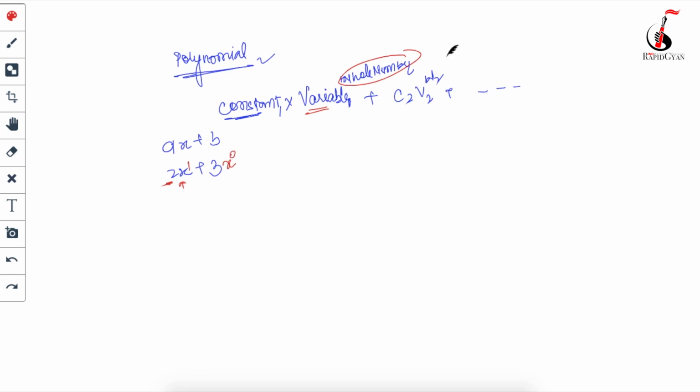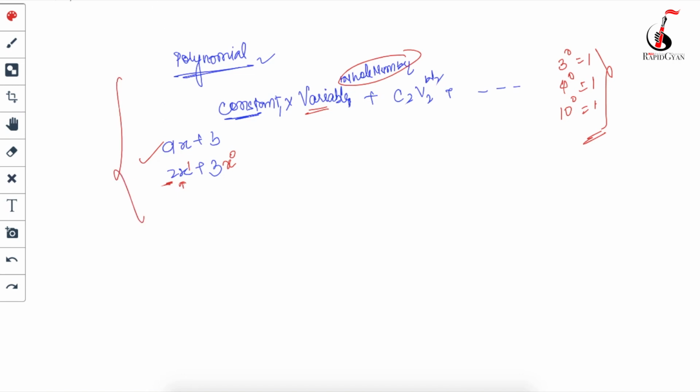I have told you that anything to the power 0, whether 3 to the power 0, 4 to the power 0 or 10 to the power 0, gives 1. So if you see only a constant, it means there is x to the power 0. In this way we write constant multiplied by variable to the power whole number, and this is how we represent a polynomial.